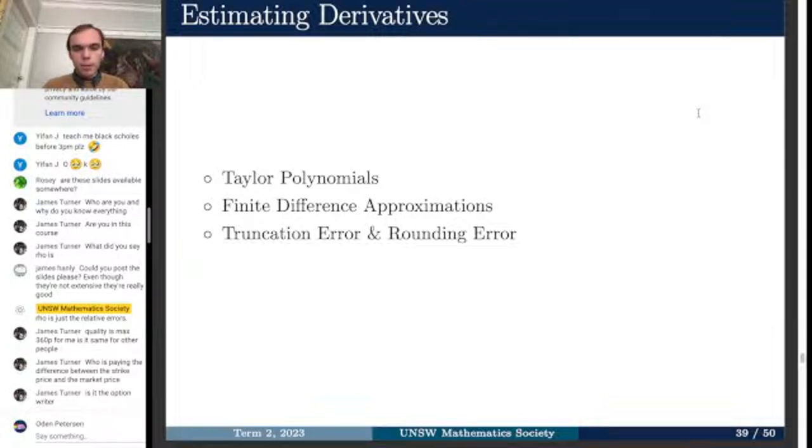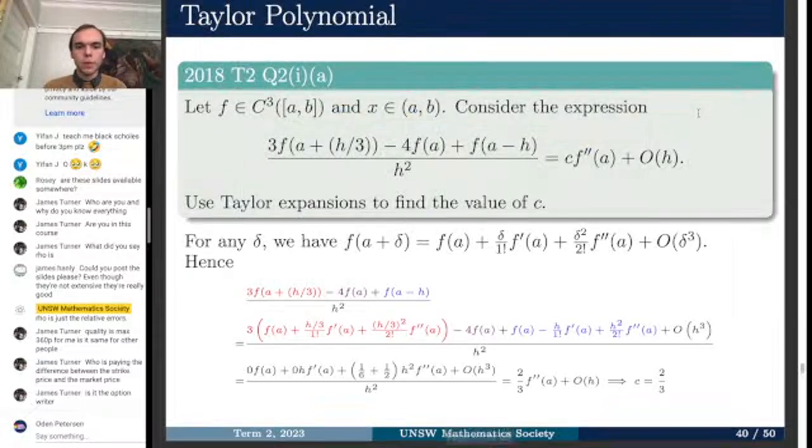So the second part of chapter 7a is derivative estimation. We'll run through some questions on this, and then hopefully we'll get to nonlinear equations. So for this question here, we have this weird expression in terms of this function f evaluated at different sorts of values.